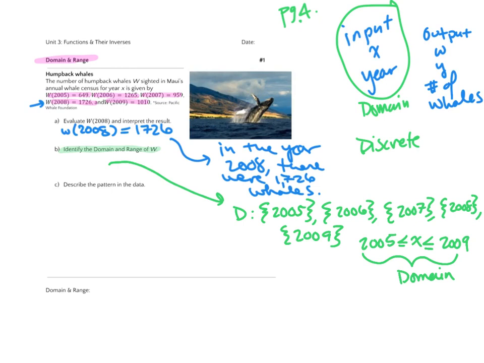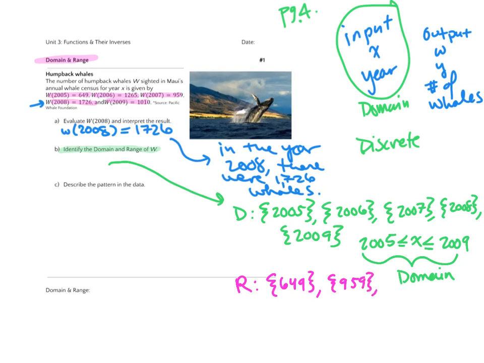So let's talk about the range for a second because the range gets weird. So the range has different values. Maybe you already knew that and you're like, whatever. So I'm going to start with the smallest because that's usually how we do math. 649. Didn't I just say always was like a dangerous thing to say? So what's my second smallest is 2007, 959.